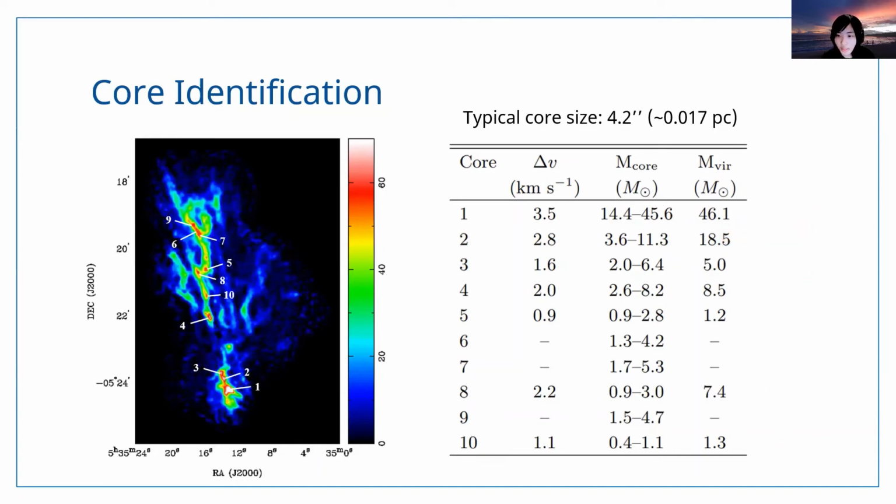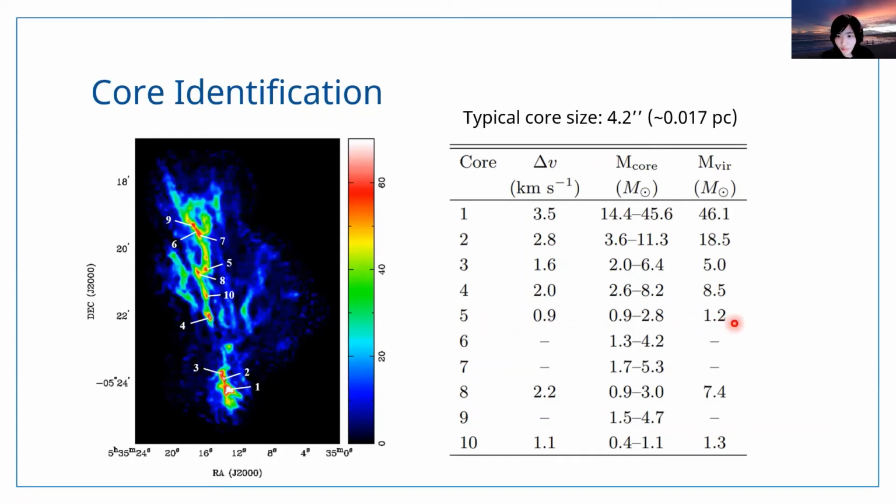As we can see, the core masses range from 1 to 10 solar masses, and the masses are all smaller than their virial mass, which is probably because the turbulence in OMC1 is larger than in typical low mass cores. From previous papers, we already know that there is a protostar in core number 5.